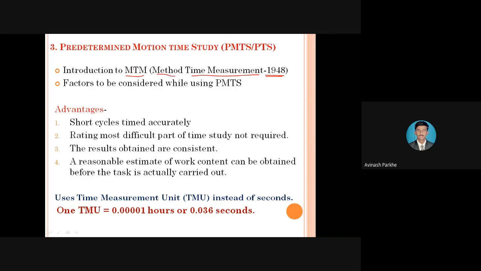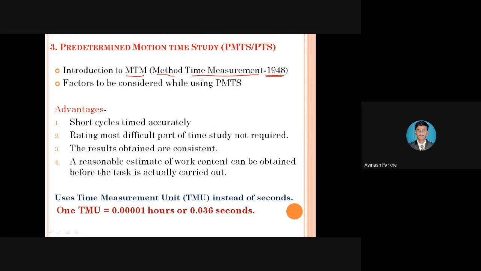If again modifications take place, it becomes MTM3, then MTM4. Like that, a number of modifications take place, and accordingly the name is given as 1, 2, 3, 4. And this PMTS, predetermined motion time study, is one of the applications of this MTM process.